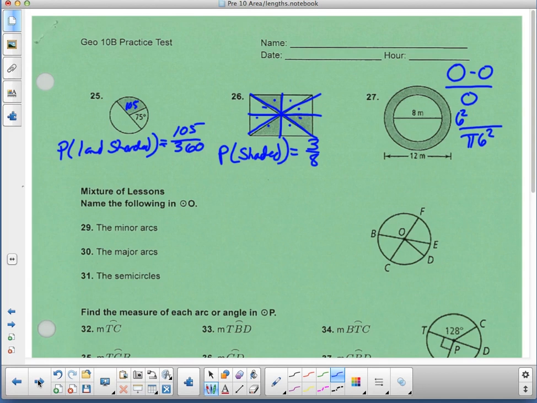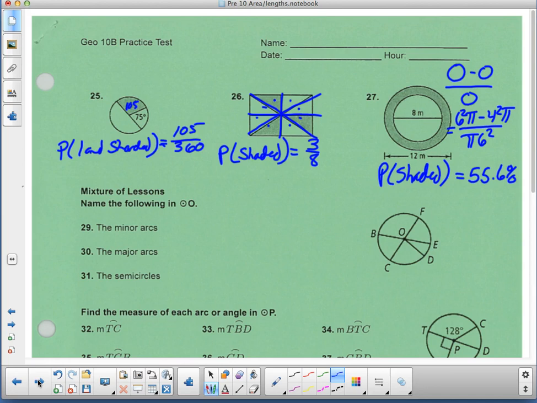The little has a 4 squared pi, okay? Now, I got 36 minus 16 on the top, and 36 on the bottom. So now my probability shaded is going to be 55.6% on that one.